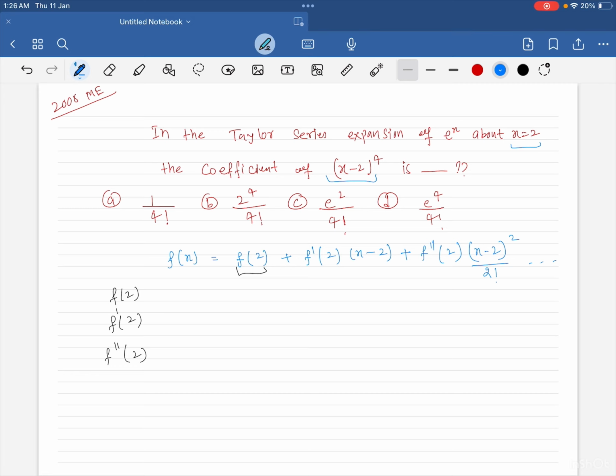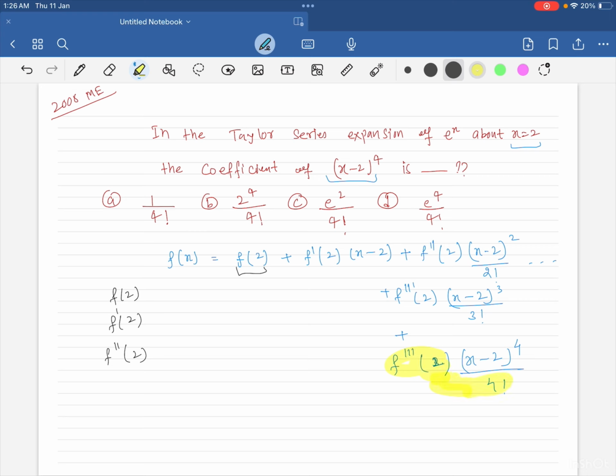So let's write more terms. So at 2, x minus 2 cube divided by 3 factorial plus x minus 2 to the power 4 divided by 4 factorial, right? So this is the coefficient, right?